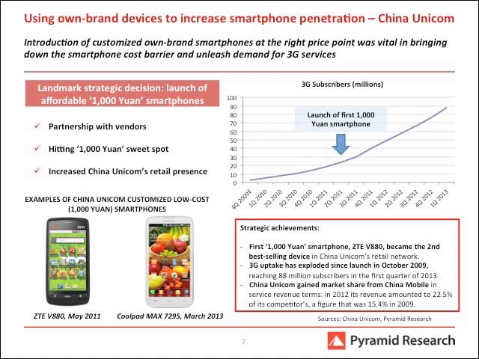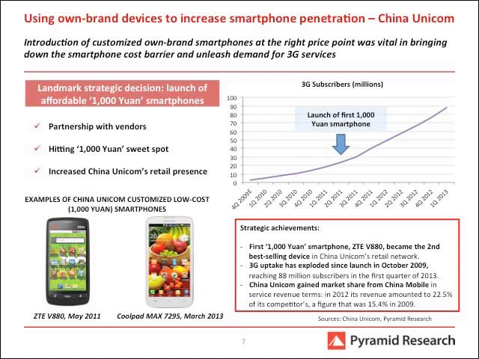This is an interesting strategy where China Unicom used devices to increase 3G penetration on their network. In particular, in mid-2011, they launched the first 1,000 yuan smartphone. This was basically hitting a sweet spot, when 3G penetration rose significantly on their network.